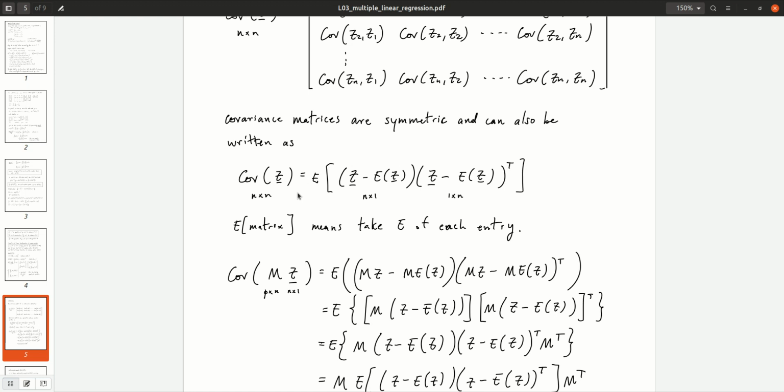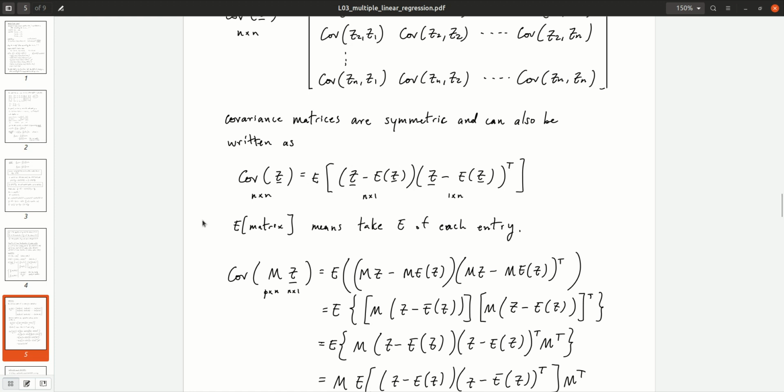And let's think about an entry on the diagonal. What do you get? What you're going to get is the expected value of zi minus expected value of zi, squared. That's just the definition of a variance. A variance is equal to the expected value of a random variable minus its expected value, whole thing squared.